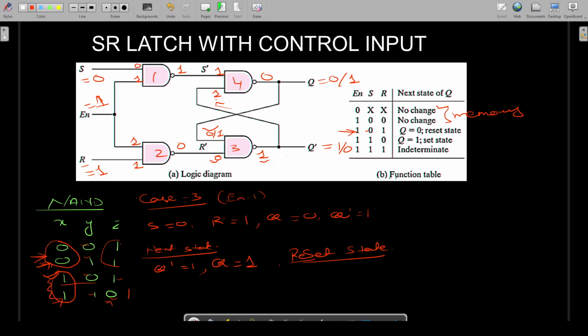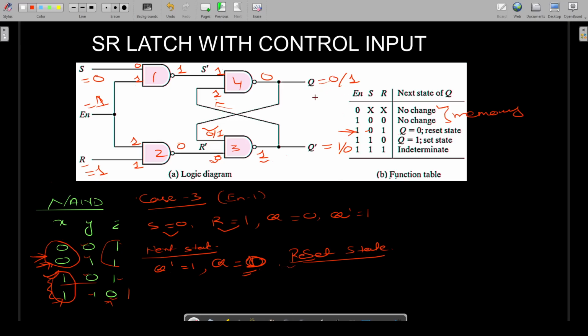If S equals 0 and R equals 1, it is called the reset state. That means whatever the previous value of the flip-flop or latch was, it will be overwritten, and the new value will always be 0 for Q and 1 for Q dash. This is fixed, so that's why it is called reset.